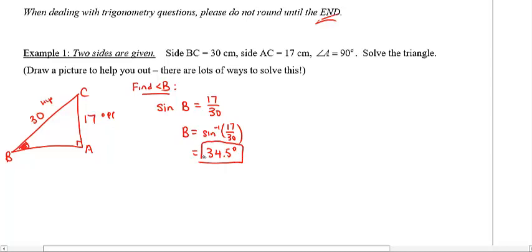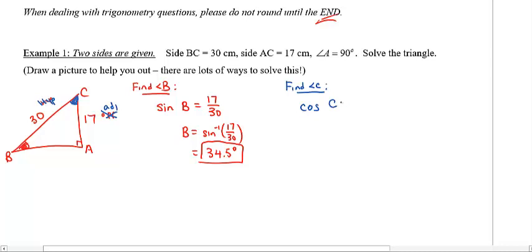Now, if you want to find angle C, you could do that as well. But this time, looking at this angle, the 30 is still the hypotenuse, but the 17 is no longer the opposite side. It's now the adjacent side. So remember, adjacent and opposite can change depending on which angle you're looking at.